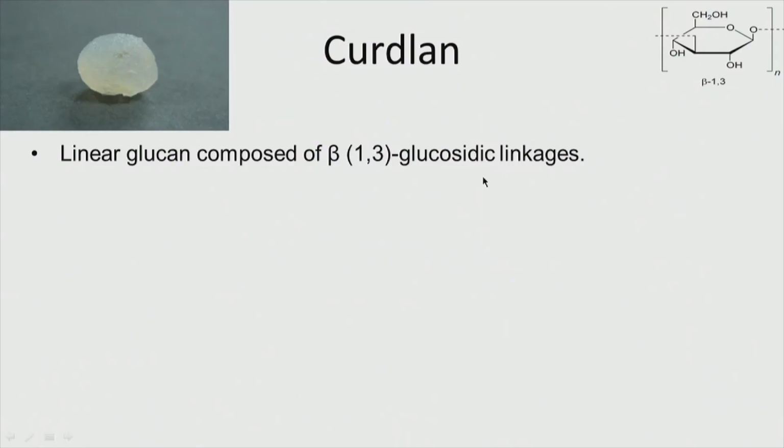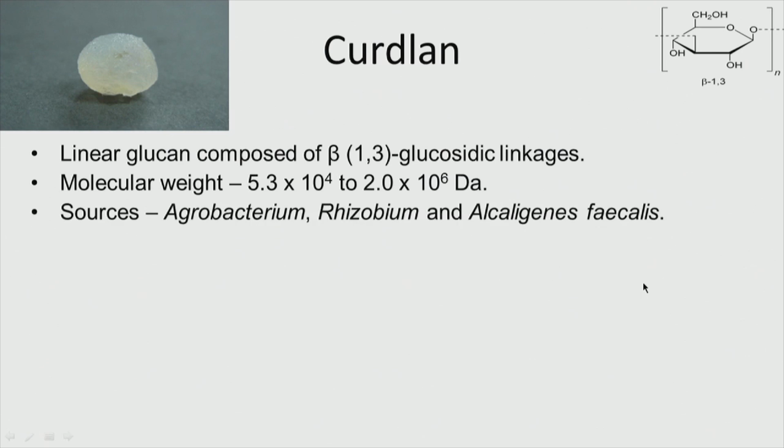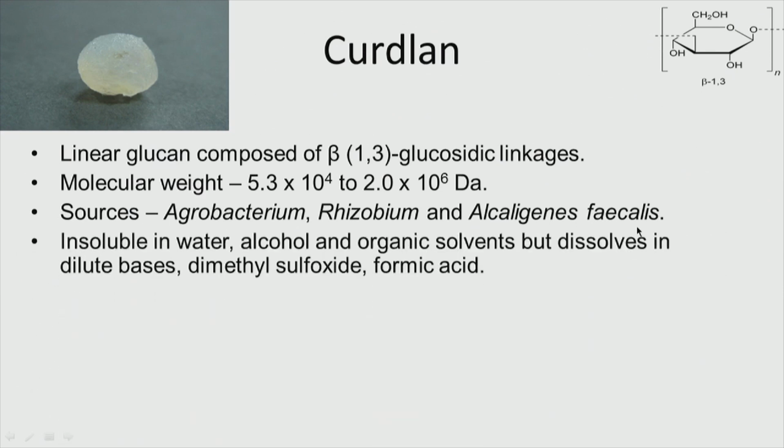These are linear glucans composed of beta 1,3 glycosidic linkage. Molecular weight is 10 power 4 to 10 power 6. Bacteria such as Agrobacterium, Rhizobium and Alcaligenes produce maybe about 50, 60, 70 grams per liter, so it finds a lot of applications.